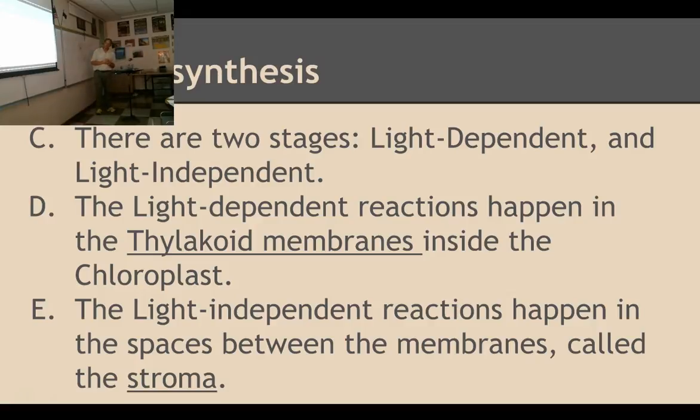The light-independent reaction, the part that doesn't need sunlight, that could happen in the day, but could also happen in the dark, happens in the spaces between those membranes that we call stroma. So the little green pancakes are called thylakoid membranes, and the gap between them is called stroma. The light-dependent reaction happens in the little green pancakes, and the light-independent reaction happens in the stroma.